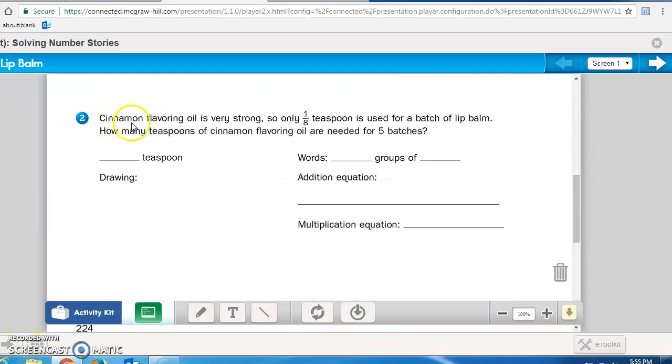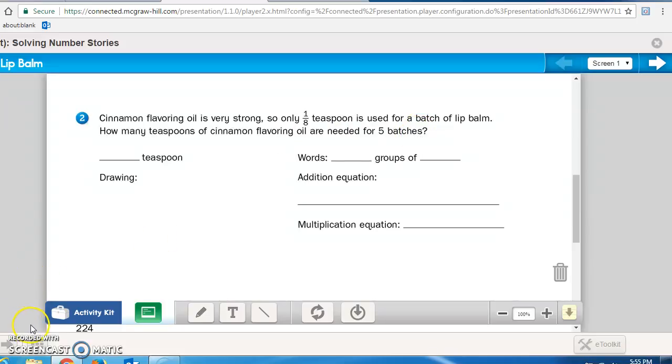Number 2 says, cinnamon flavoring oil is very strong, so you'll only use 1/8 a teaspoon for a batch of lip balm. How many teaspoons of cinnamon flavoring oil are needed for 5 batches? So you're going to have to do this 5 times.